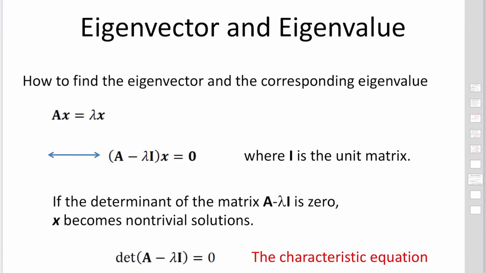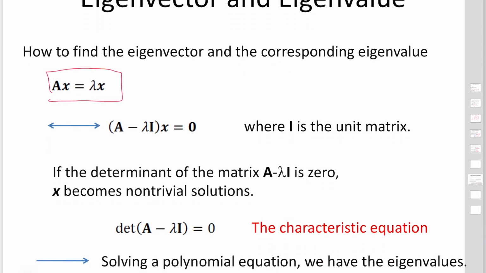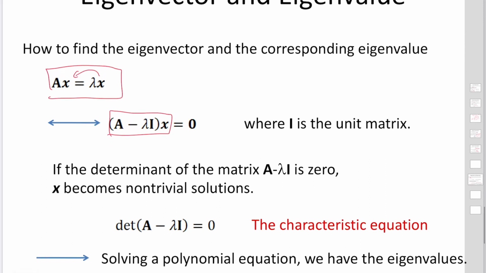Then we would like to study how to find the eigenvectors and the eigenvalues. This is the equation for A to satisfy when x is the eigenvector and lambda is the eigenvalue. From this equation, lambda x is moved to combine into this equation. If the determinant of A minus lambda I is not 0, what happens?